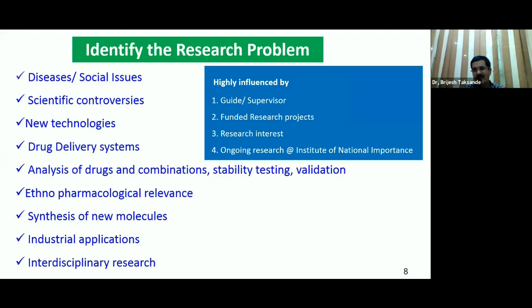Then you may be working on herbal medicines, mostly those having ethnopharmacological relevance. Now, what is this ethnopharmacological relevance? You may be aware that we are traditionally using Ayurveda as well as homeopathy and Unani medicines, as governed by Ayush.